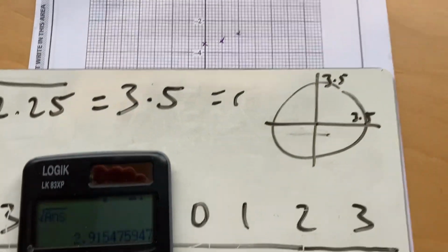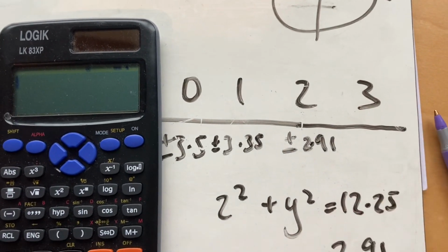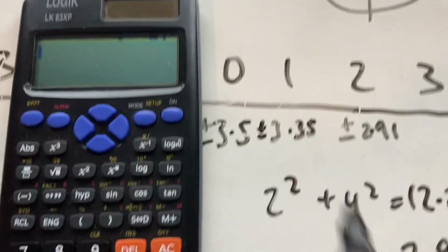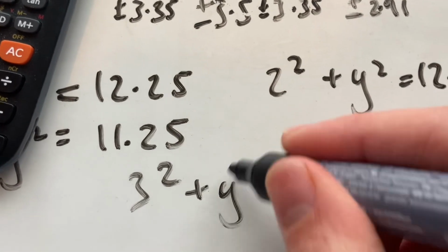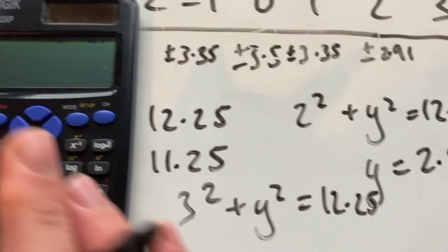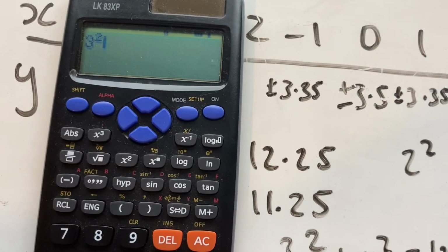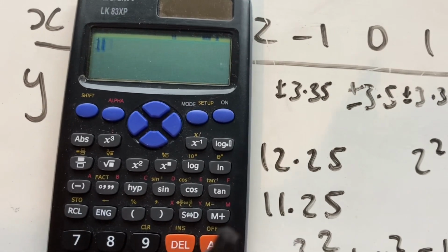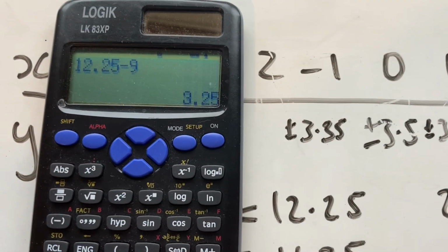And let's do one more. That's plus or minus 2.91. Let's try 3 now. So we know that 3 squared plus y squared is 12.25. 3 squared is 9. 12.25 minus 9 is 3.25.